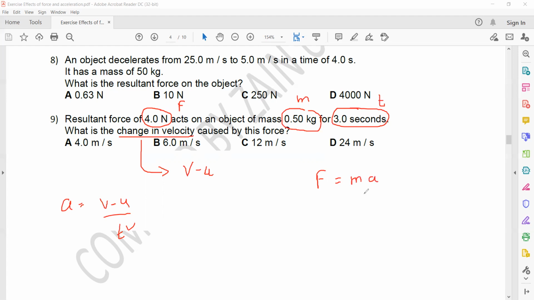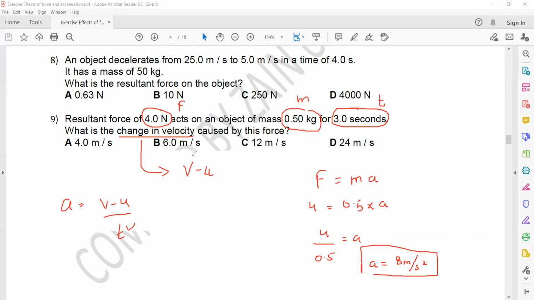A force of 4 newtons is acting, so you write 4. The mass is 0.5 and acceleration is A. 0.5 is multiplied here, on the other side it will divide, so it will be 4 divided by 0.5, or 4 divided by half, which equals 8 meters per second squared. So acceleration is 8 meters per second squared.